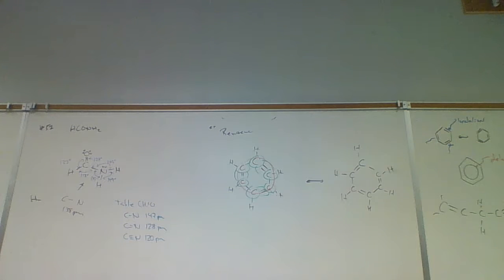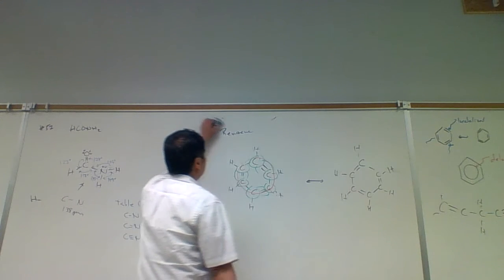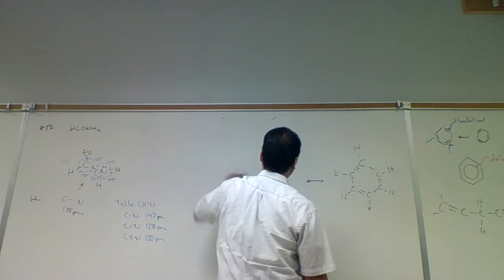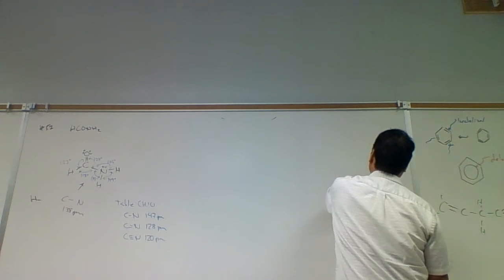No. If you see angles like that, it doesn't look SP3. It looks SP2. And so this nitrogen has got to be SP2 hybridized, not SP3 hybridized, to generate angles like that. Why so? This is very weird.